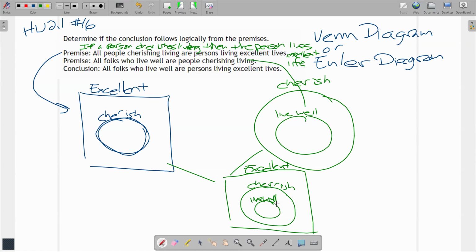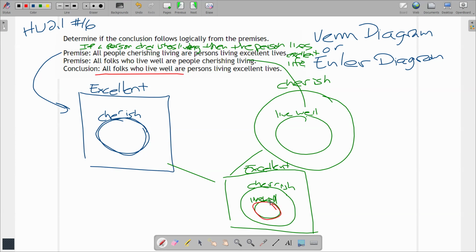Once I've decided how the two premises fit together, then I start thinking about the conclusion. And what I want to know is, based on my diagram that put the premises together, is the conclusion true or false? Or does it depend? Like some of the other examples we saw about BMCC in Oregon, or not in Oregon. Okay, all folks who live well. So now I'm working on the conclusion.